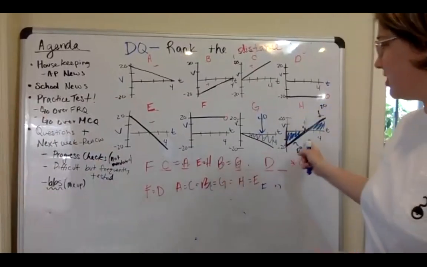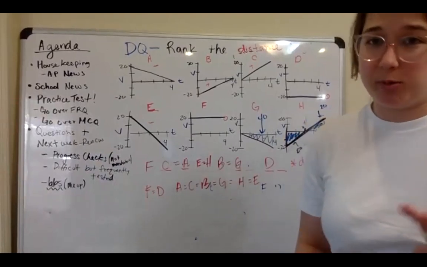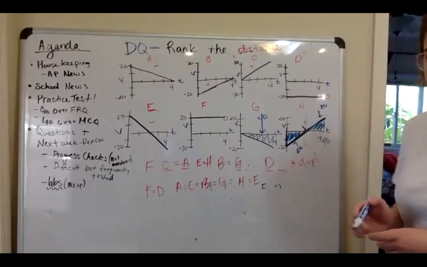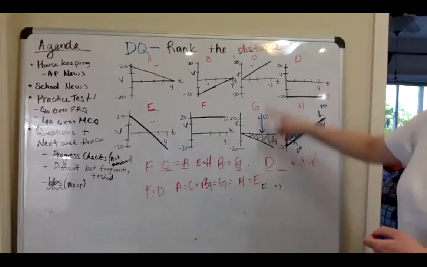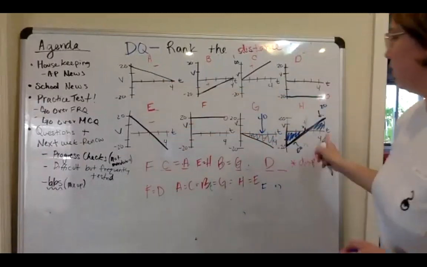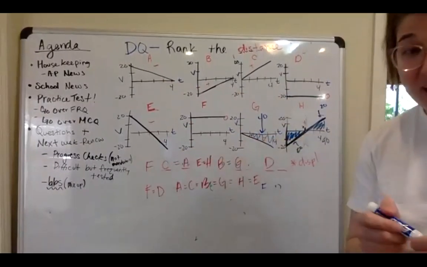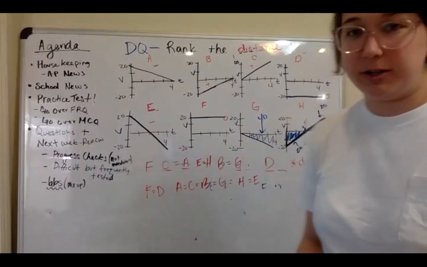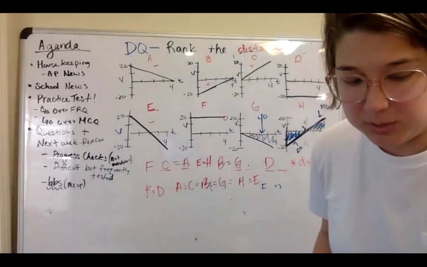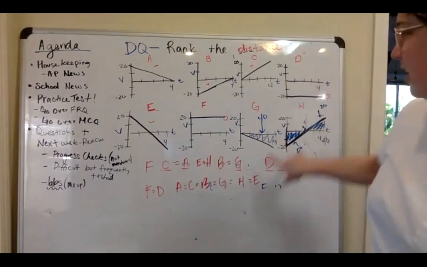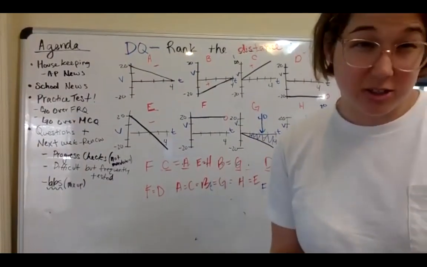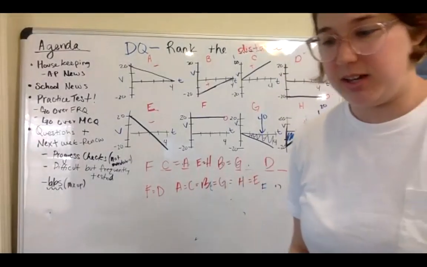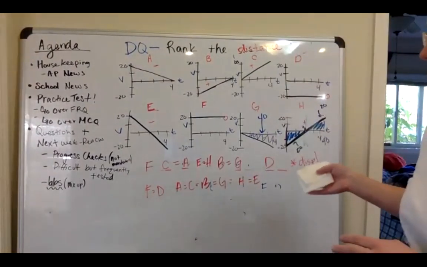So our displacement is 0, but we went 20 there and 20 back. This is also a total of 40, which means all of these with this slope and these where they go forward and back are actually the same, even though it doesn't look like they should be because the slope is different. That's why you want to be really careful when dealing with area, because sometimes the area doesn't look the same, probably also because I drew it poorly, but it is. So always double check that. A good question.